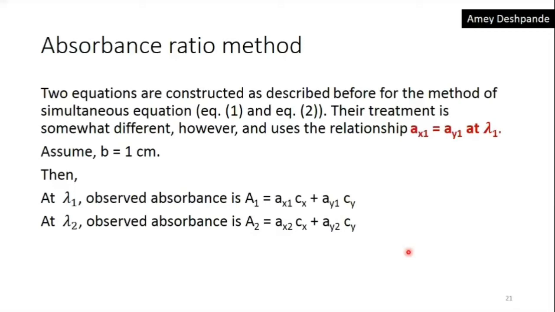So in the previous derivation, we had derived equation 1 and equation 2. The two equations are constructed as described before for the method of simultaneous equations. Their treatment is somewhat different. However, we are going to use the relationship AX1 is equal to AY1.